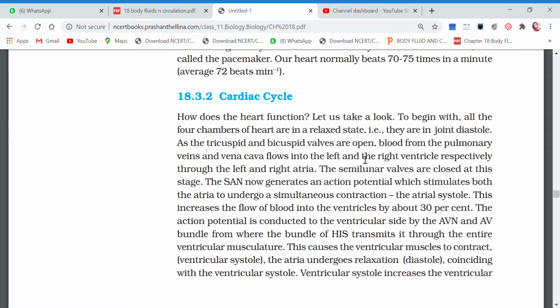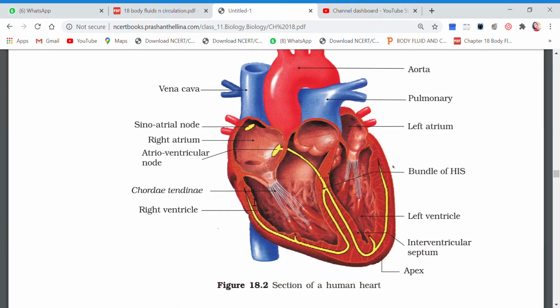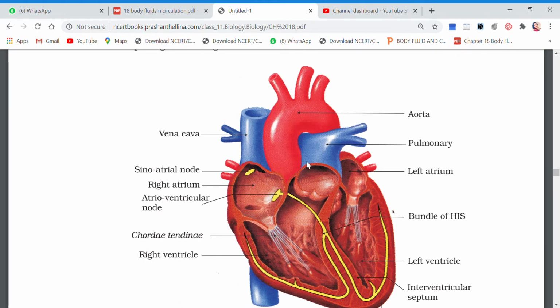Now children, where is the pulmonary vein? Pulmonary vein is the opening of left auricle. If you go to the heart diagram, let me show you. See, pulmonary vein is the opening of left auricle and vena cava is the opening of right auricle.